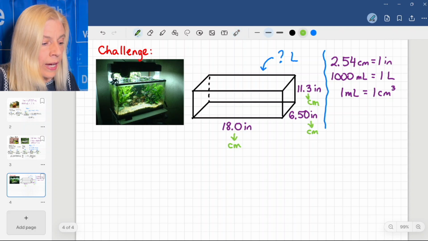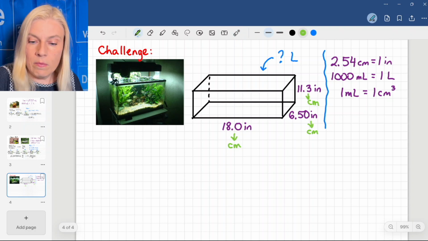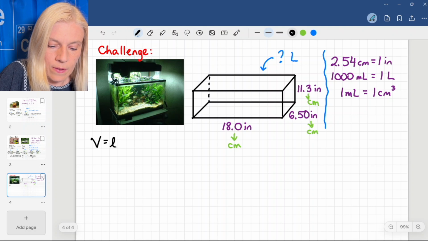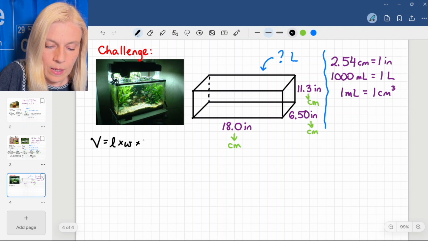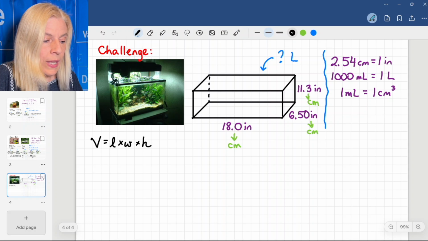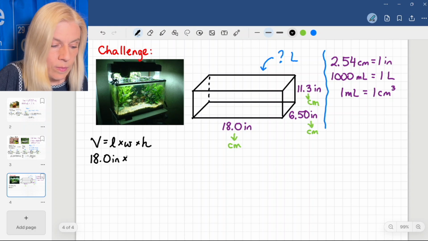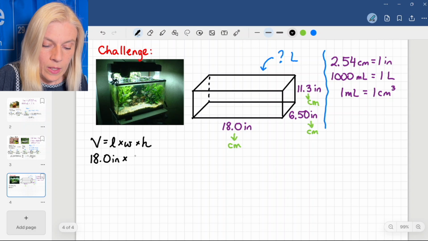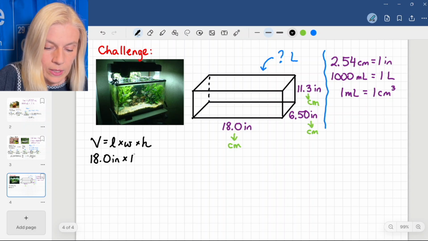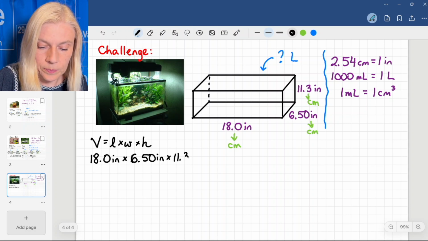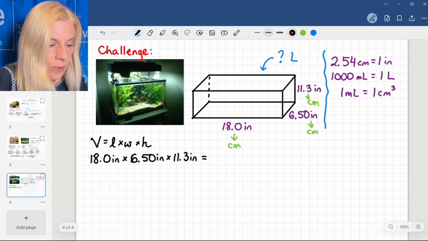So I would actually like to quickly say, my volume, remember, definition of volume equals length times width times height. And I'm going to use my inches. So 18.0 inches times 6.50 inches times 11.3 inches, I'm going to multiply it through.